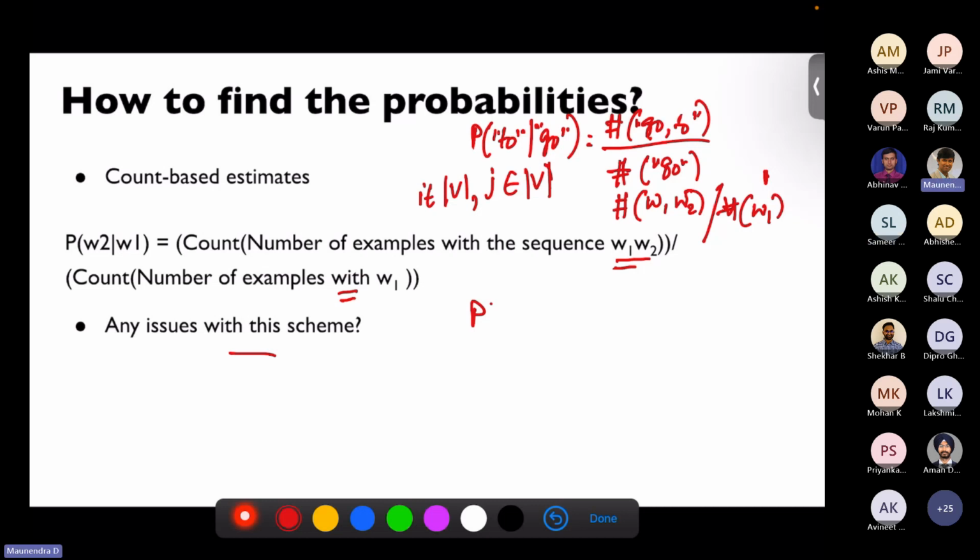Yeah. So one more issue. I think there will be a large number of parameters to estimate here. Right, there will be a large number of parameters, which is again a fact to be kept in mind. There is one more point. See, all these probabilities are based on count-based estimates.